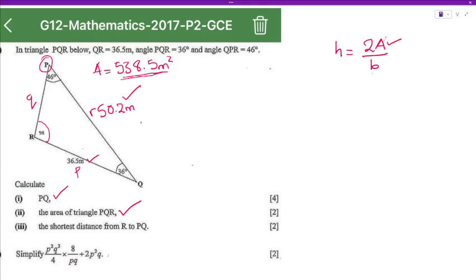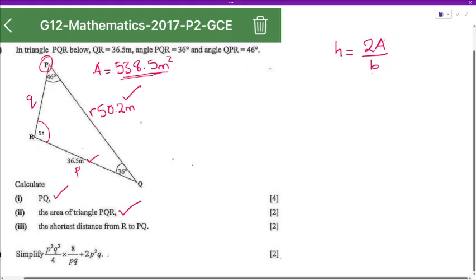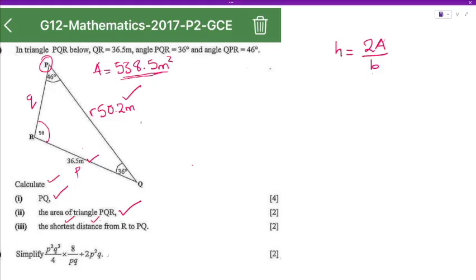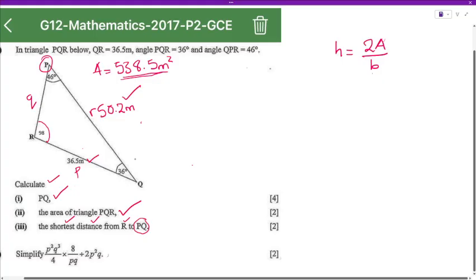In this formula, A represents the area and then B is the side. Why do you get this side? You go to your question. Okay, they are saying calculate the shortest distance from R to PQ. So this one is your side. It's the one you're going to plug in where you have B here in your formula. So you simply go to your drawing and look at what is PQ, what is the value for PQ.